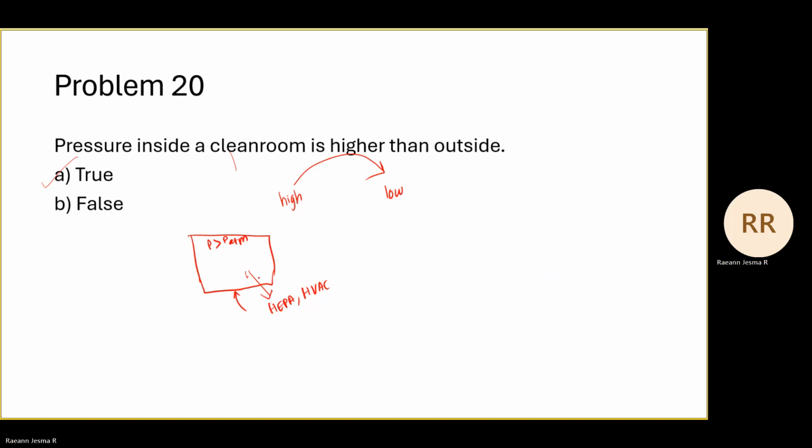This is how we maintain higher atmospheric pressure inside the clean room compared to outside. By means of these HEPA filters, we pump air consistently into the room at a rate which is lower than the evacuation.